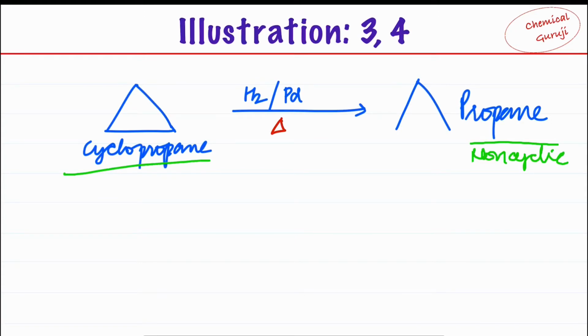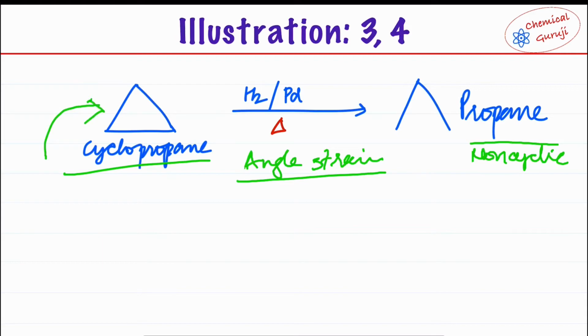The cyclic alkane is getting reduced to non-cyclic. Why? Because of angle strain. We will study further the reactivity order of the cycloalkanes for this reaction. In this reaction this bond is broken and it is converted into a non-cyclic alkane.